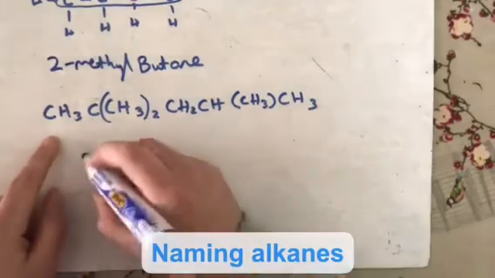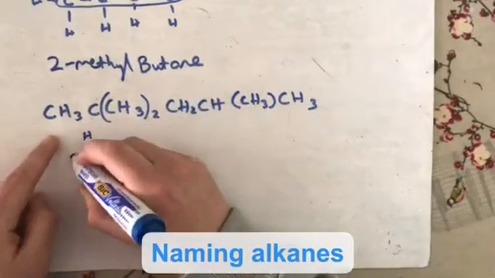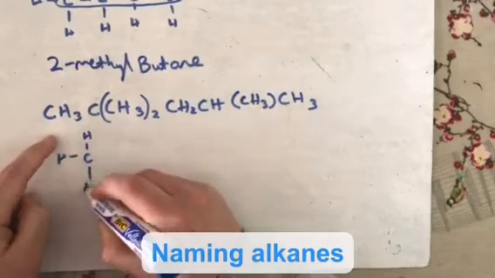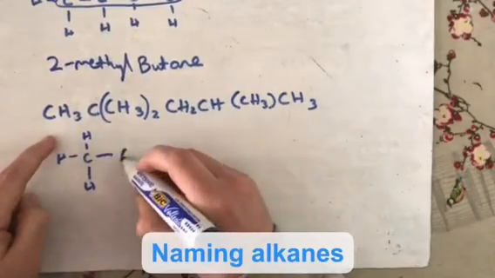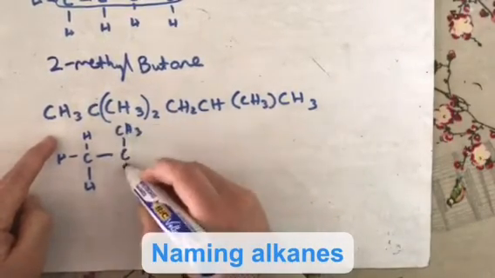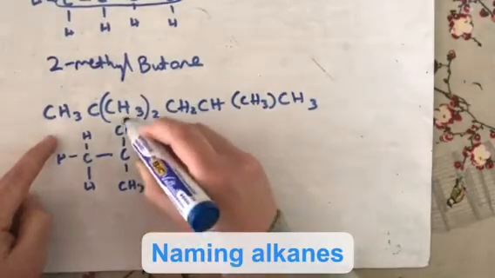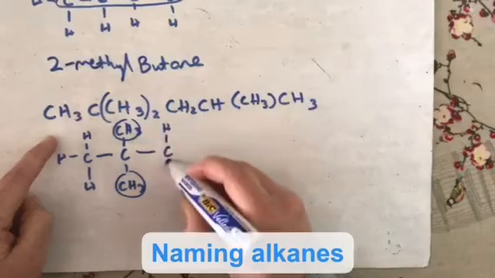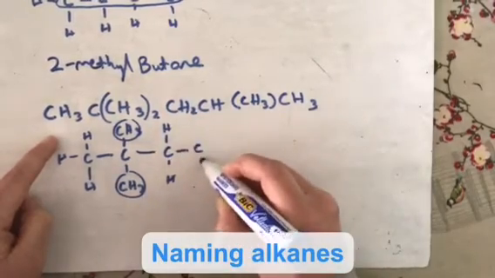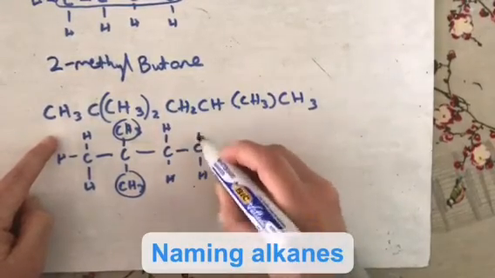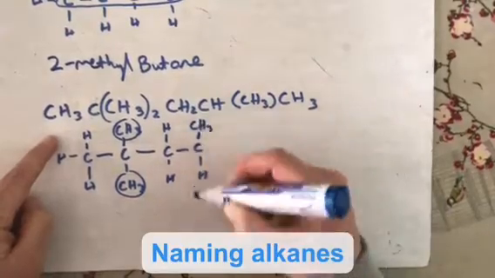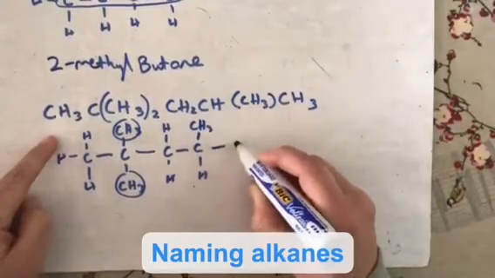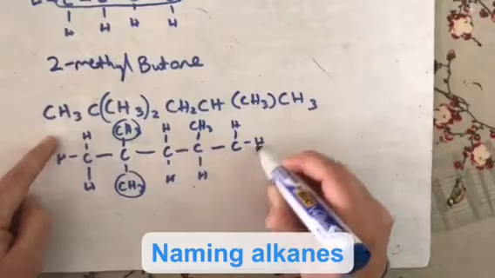So let's try and draw this out. So CH3, okay, C with a CH3 there and a CH3 here. Okay, so there's 2 methyl groups here. Just do a circle on those at the moment so you remember where they are. CH2, so just CH, CH. Again, there's another branch here. Doesn't matter which side you put your CH3 on there. You can put it around the other way because these bonds can rotate. And then you've got a CH3 again, okay.